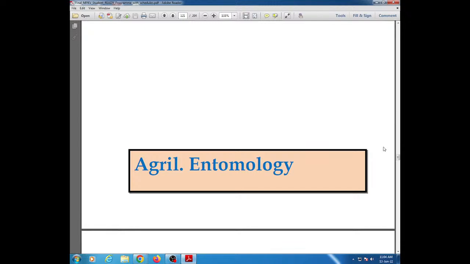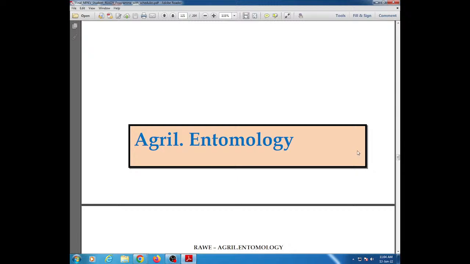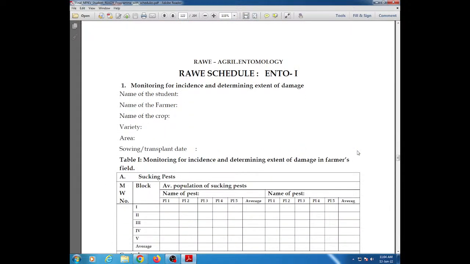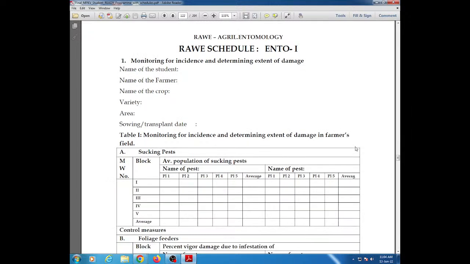So first of all, we'll see the schedules now. What are the schedules for RAWE? RAWE, that is plant protection interventions, has agricultural entomology as one of the subjects, and here the RAWE schedule is given as schedule 1.